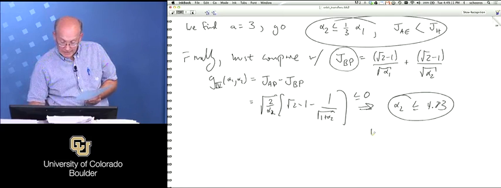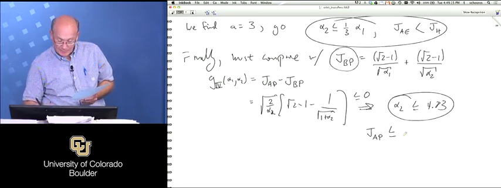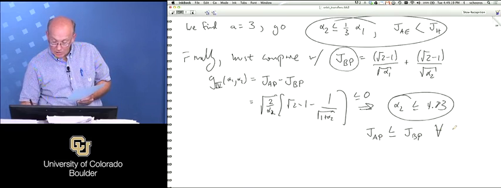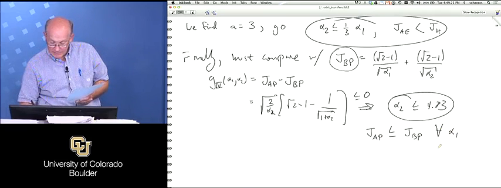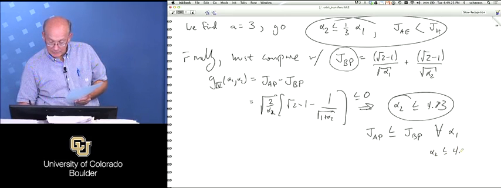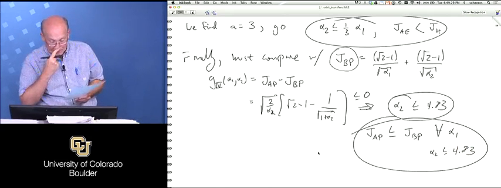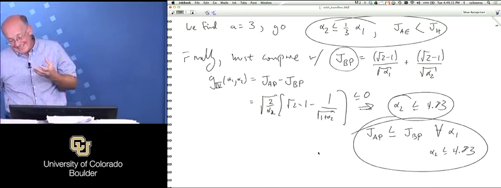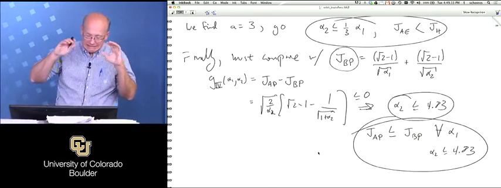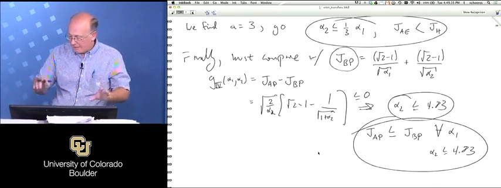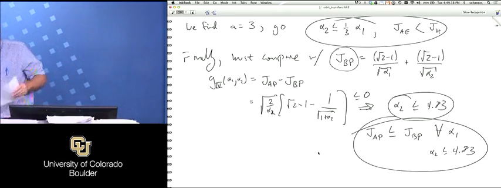So it turns out that this is optimal over the biparabolic transfer for all alpha 1 if alpha 2 is less than or equal to 4.83. So again, you can take that to your chart and show it graphically. And I'm not going to do that because it starts to get a little bit too messy.